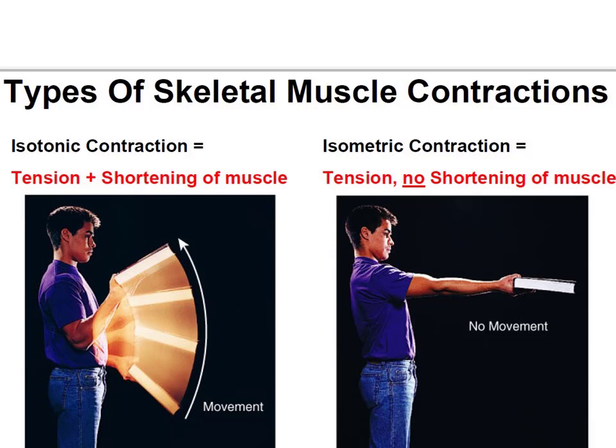Once you start raising the book, are you going to engage more motor units? No, that's all you need to do to raise the book. So the tension, the strength, is going to stay the same, but as you raise the book, as you do the curl, what's happening to your bicep? It's shortening. So in this case, isotonic, the shortening of the muscle, accomplishing work.